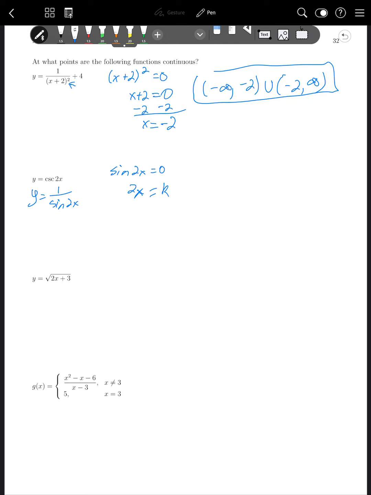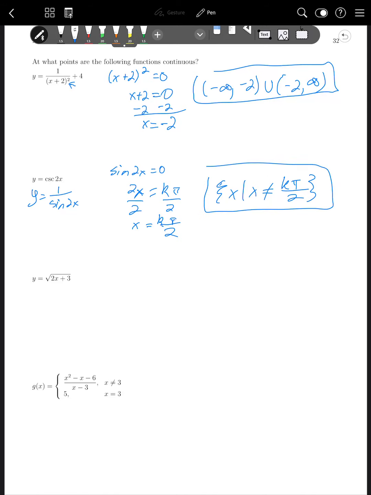So that's at k pi. And then we can simply divide both sides by 2. So this would be x equals k pi over 2 is when that would be equal to 0. And so what we can say is this is continuous at all x's except when x does not equal k pi over 2.